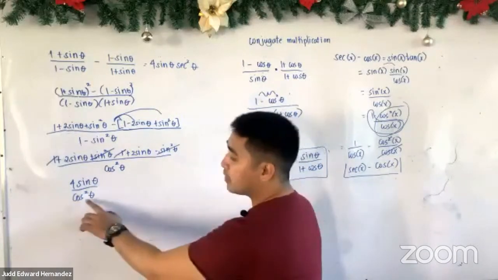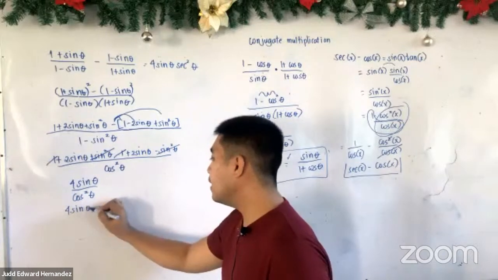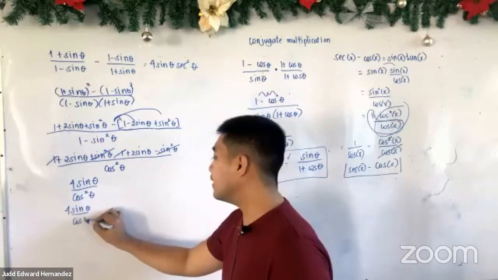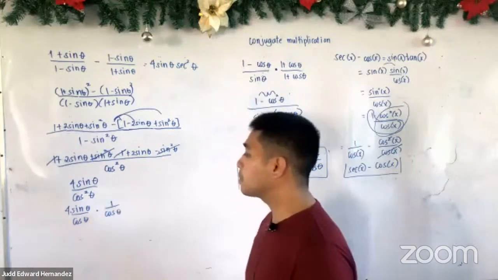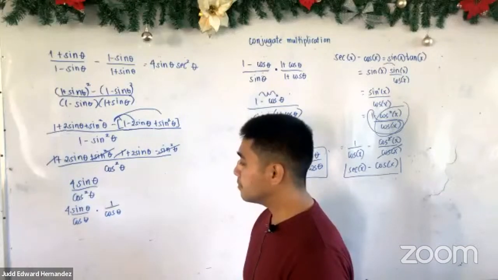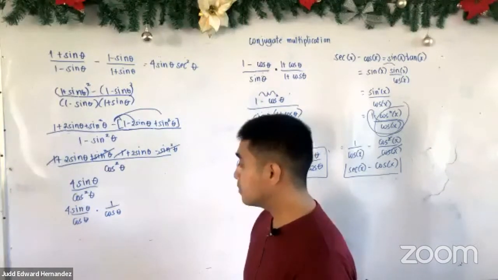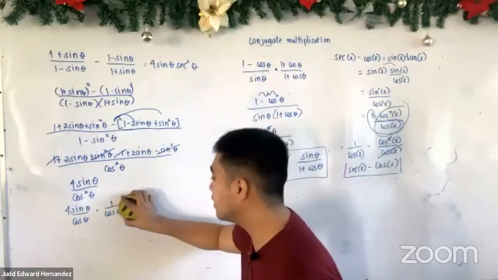Okay? Paghiwalayin natin yung dalawang cosine. This becomes 4 sine theta over cosine theta times 1 over cosine theta. But what is sine theta over cosine theta? Or mas nalito kayo? Mas dapat na hindi natin siya paghiwalayin.